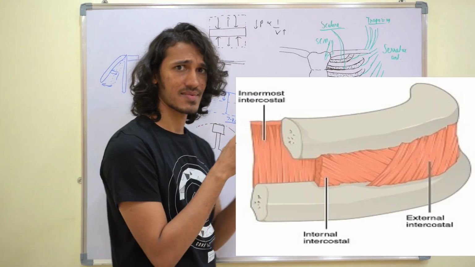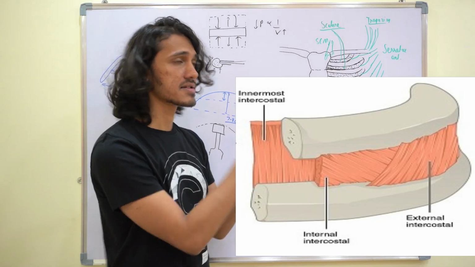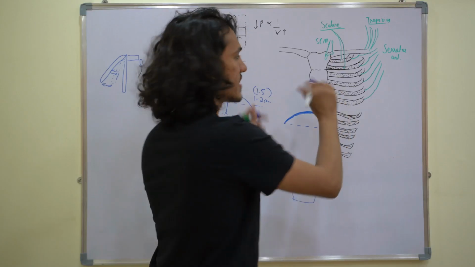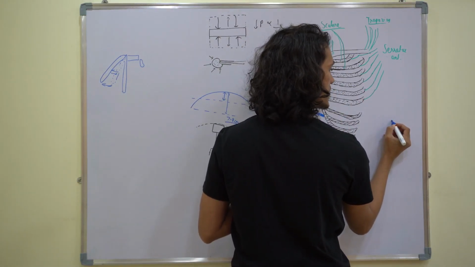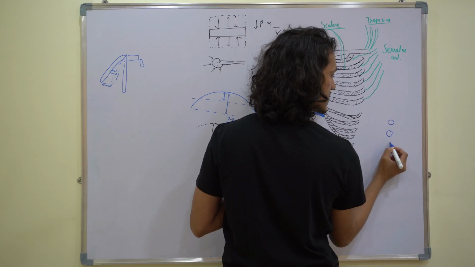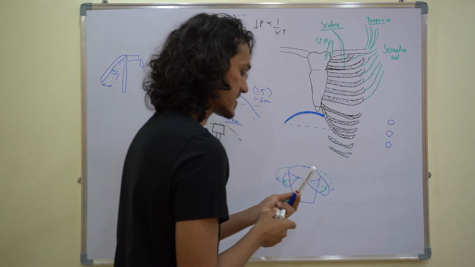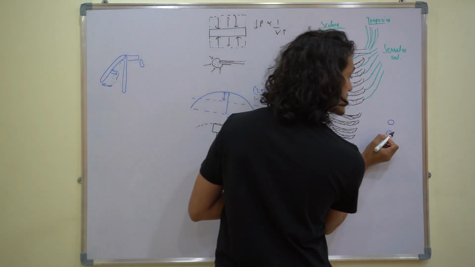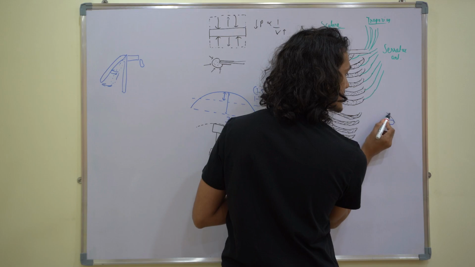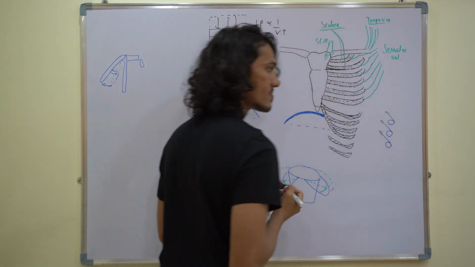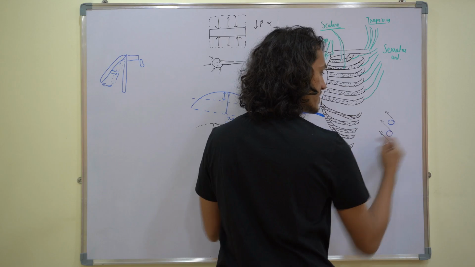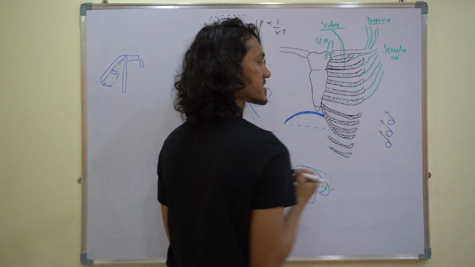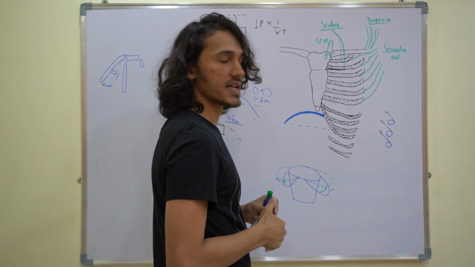So take a look at this diagram. It goes like this, kind of like a crisscross among them. Just take a look at the ribs over here. I'm gonna take it on the other side. Right? These are the ribs that I had seen earlier. Now, the external intercostal acts in such a way that this pulls it outside like this. So the muscle kind of comes from here and pulls it in this direction so that it pulls it outside.